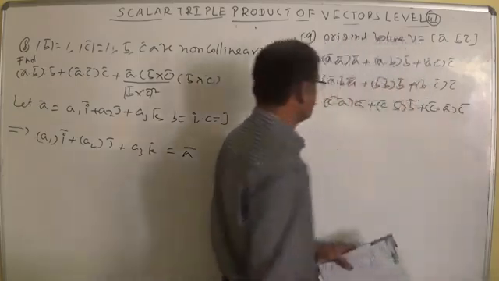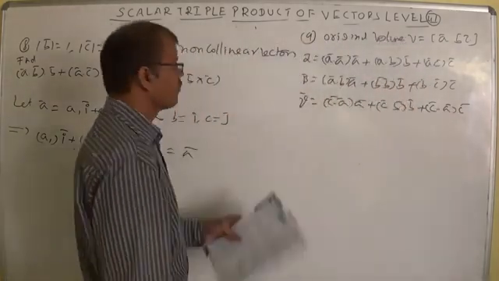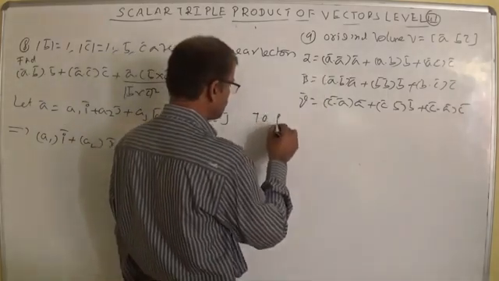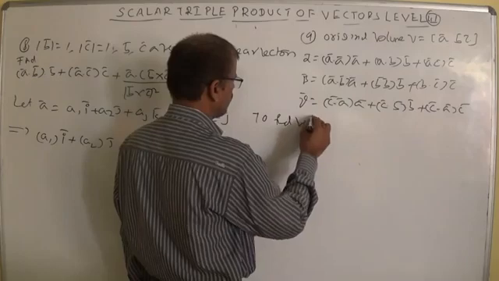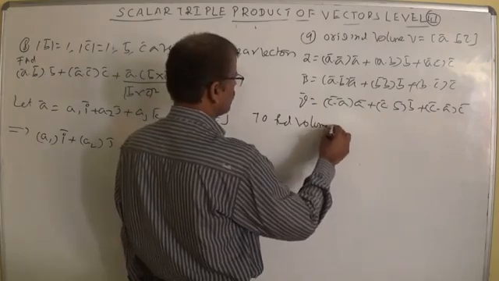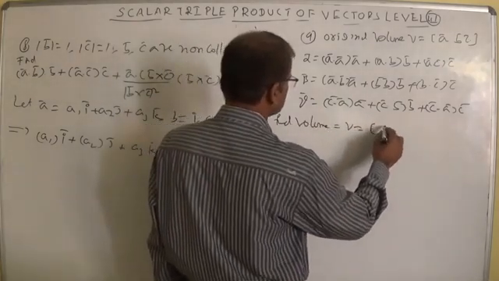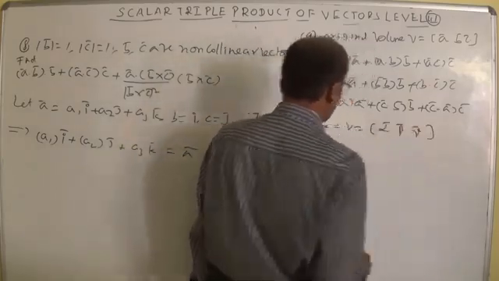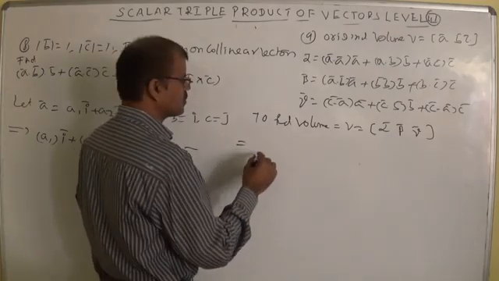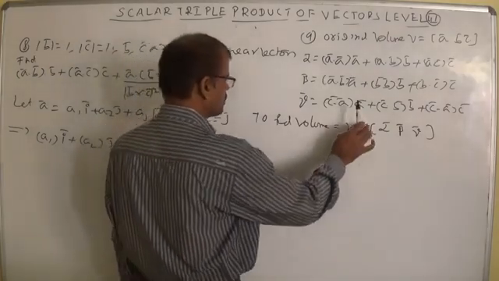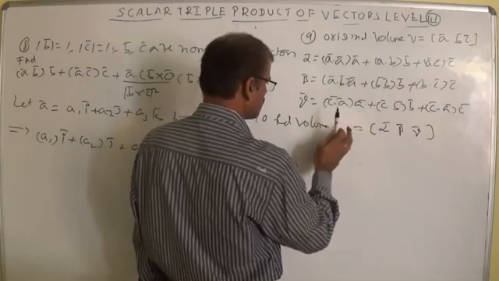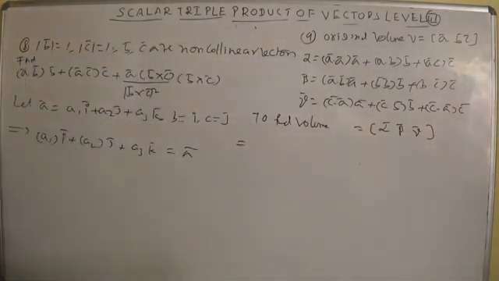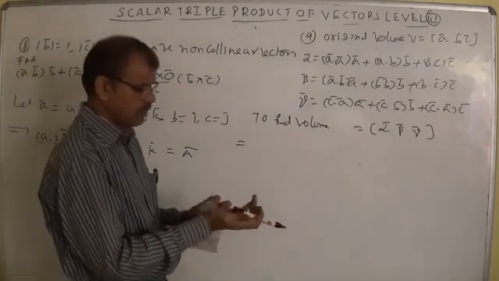To find the volume, use the box alpha beta gamma formula; the letter may be changed, so the volume is V dash equal to box alpha bar, beta bar, gamma bar.